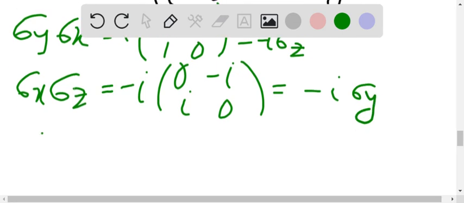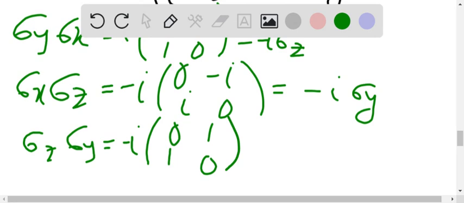And lastly, we have that sigma z times sigma y is equal to negative i [0, 1; 1, 0]. That is equal to negative i sigma x.